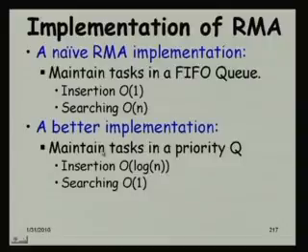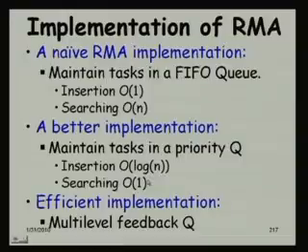A better implementation would be to maintain a priority queue, and here insertion is O(log n) and searching is O(1). But a more efficient implementation is a multi-level feedback queue.